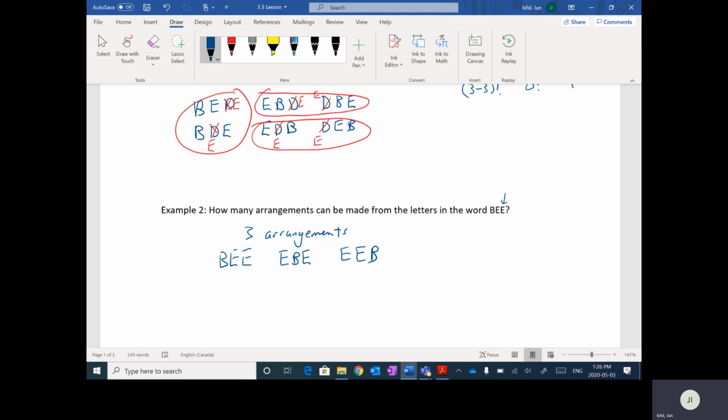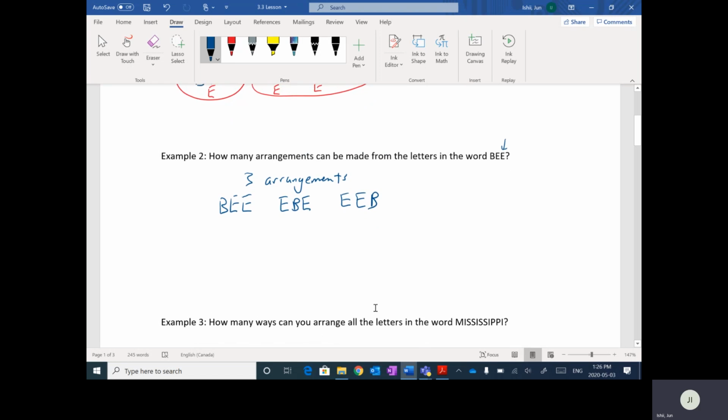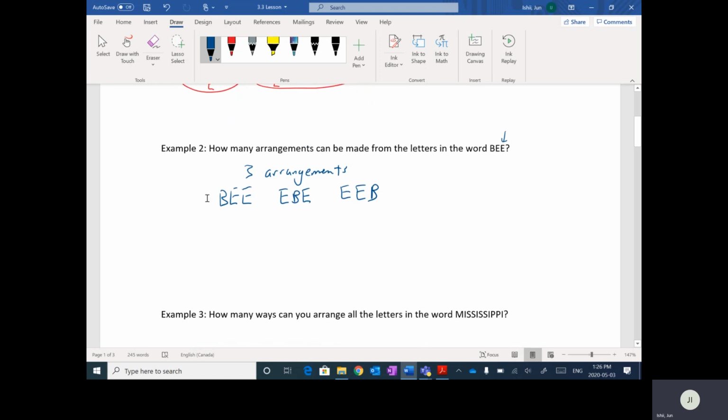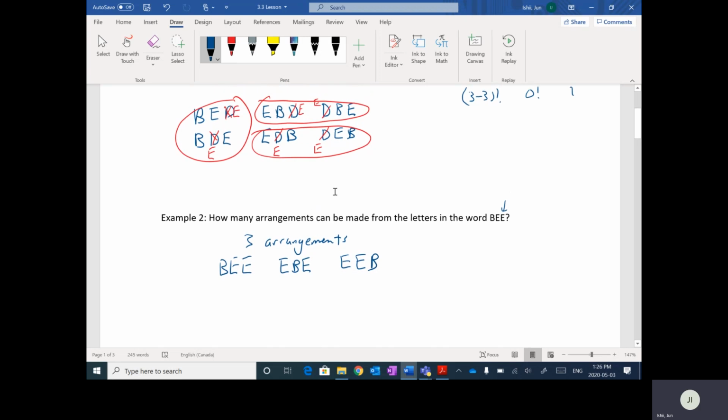Now mathematically, this is a very small example, only 3 letters, but there will be times where we come across a bigger word like the next example, Mississippi. We're not going to list all the different arrangements for that. This is just to visually show what the question's asking. So these would be the 3 different arrangements.